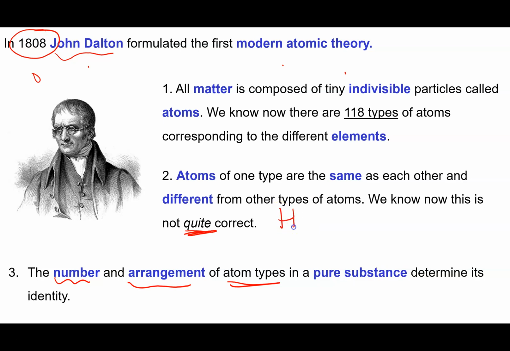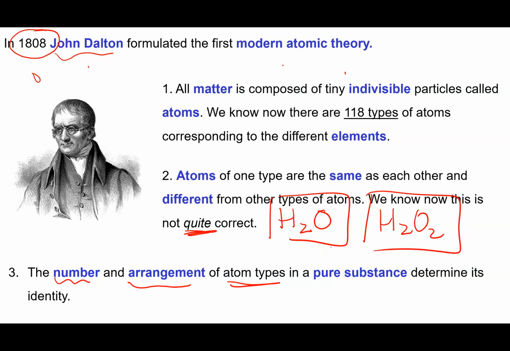If I have 2 compounds, one is familiar, H2O, that's water, and the other is H2O2, I can see that these are different because H2O2 has an extra oxygen, so they don't have the same number of atoms of each type. And so that's going to make them different compounds, and that's a good example of that.